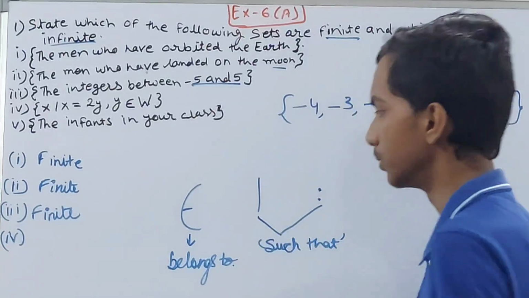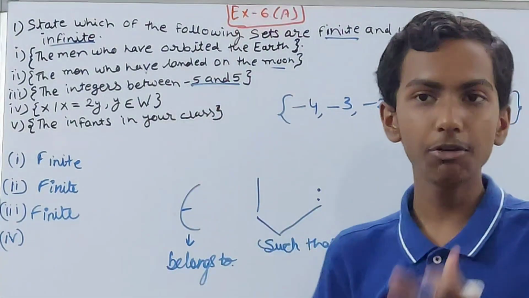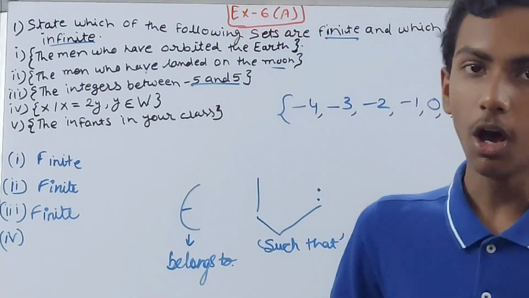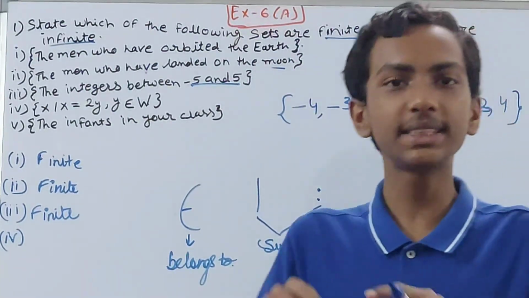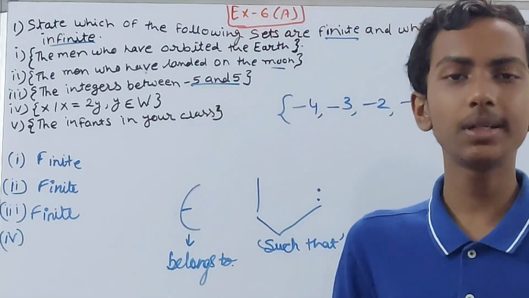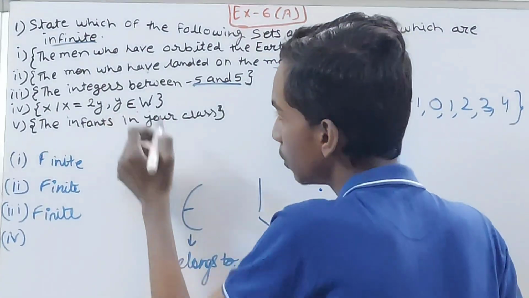Wherever you find this sign, it will be telling you the type of that number. Y belongs to W. W refers to the set of whole numbers. Capital W, wherever you see, you should understand we are talking about whole numbers. That's why it says Y belongs to whole numbers.